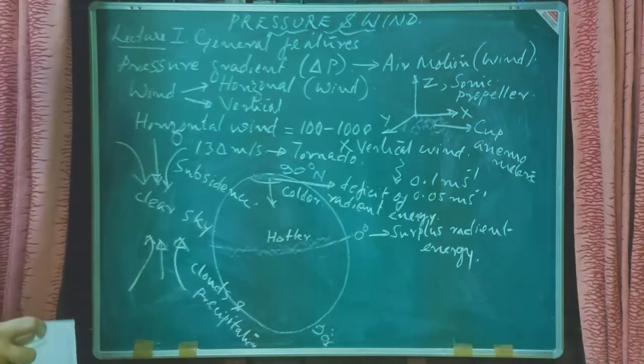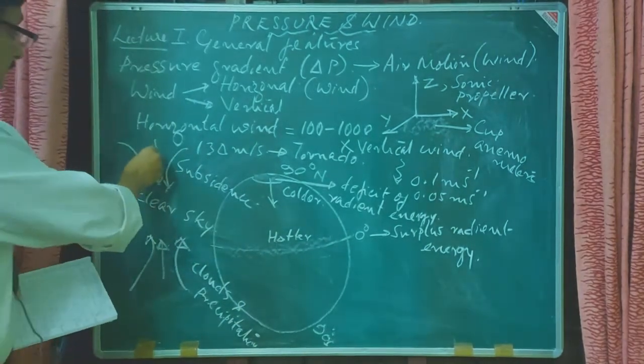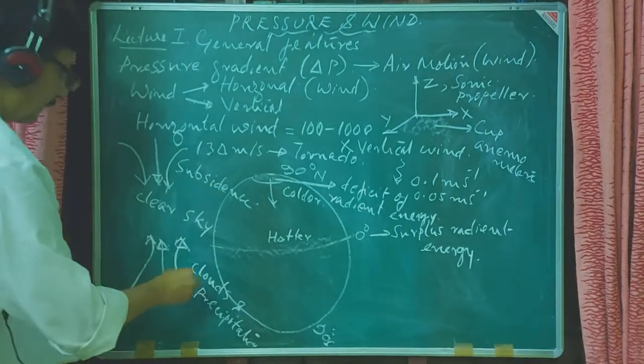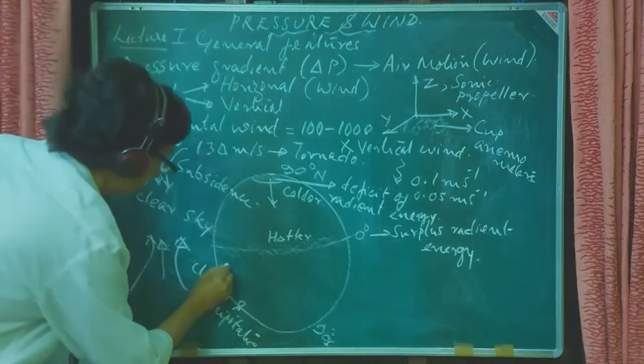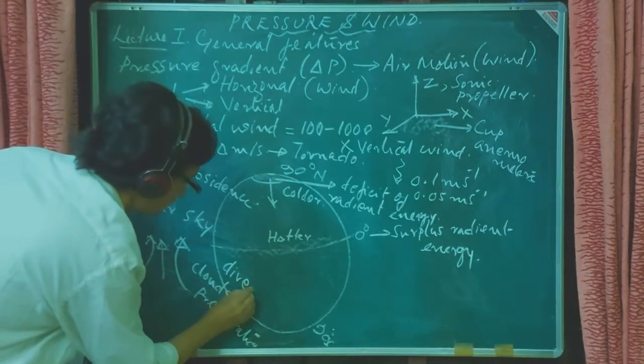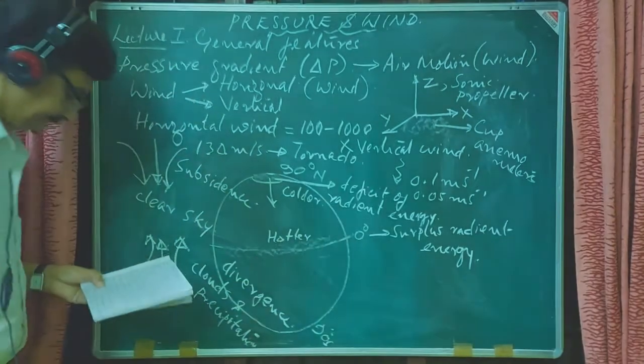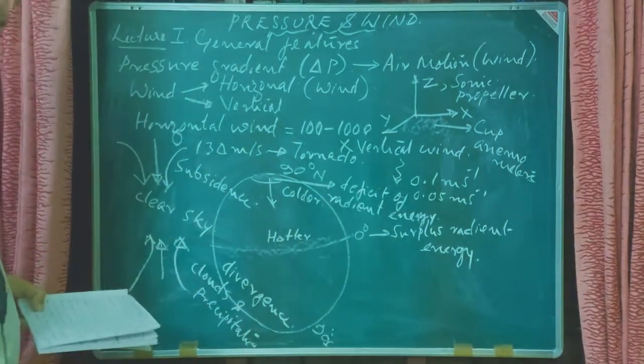So air motion down is called subsidence, and air motion up is called diverging air motion or divergence.